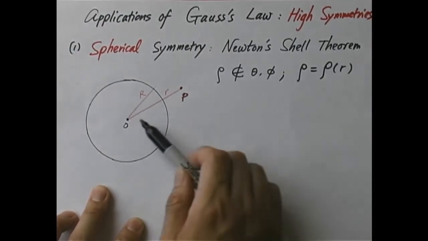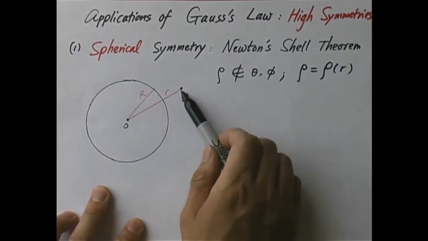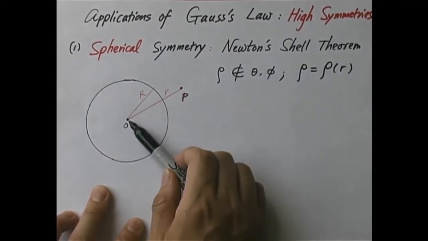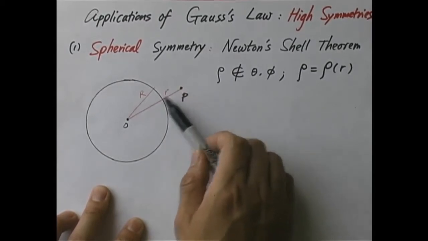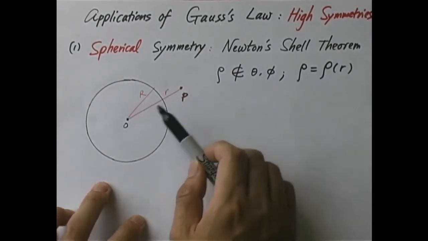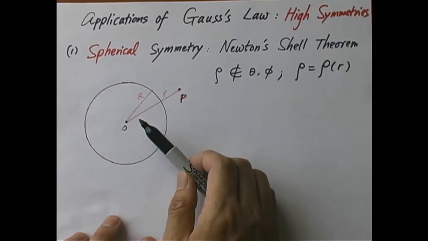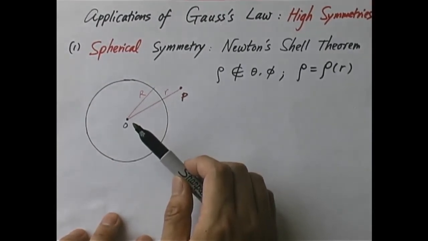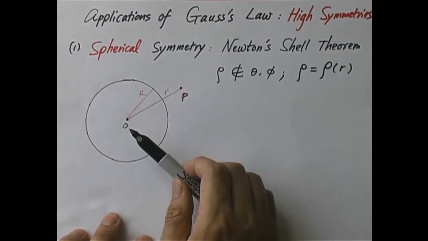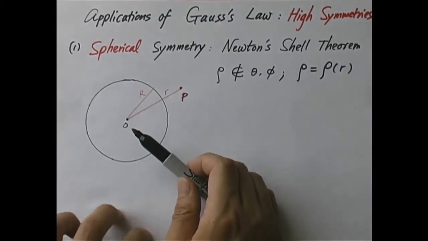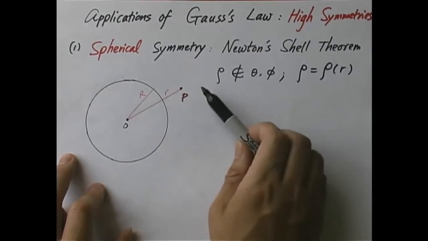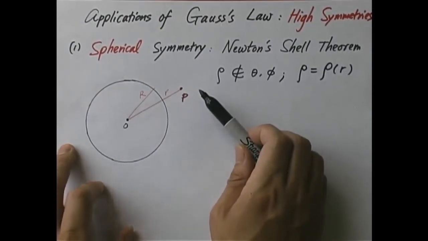It only has to do with how far you are from the center of symmetry. Say a point P, a distance r from the center. Rho is a function of r only at point P, not a function of orientation. I can show that with this kind of symmetry, one can calculate the electric field anywhere in the problem with great ease.